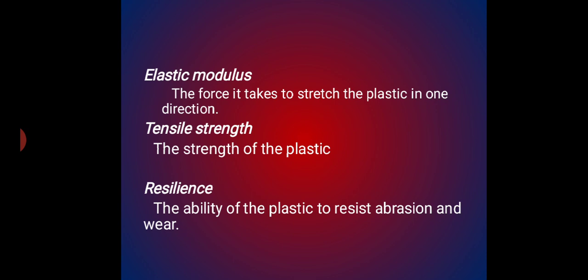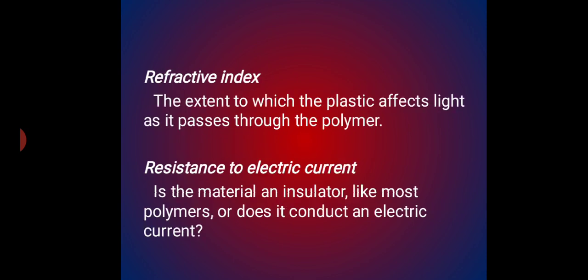Then elastic modulus, the force it takes to stretch the plastic in one direction, that is the elasticity. The tensile strength, the strength of the polymeric material. Then resilience, the ability of the polymer or the plastic to resist abrasion and wear. Refractive index, the extent to which the plastic affects light as it passes through the polymer.